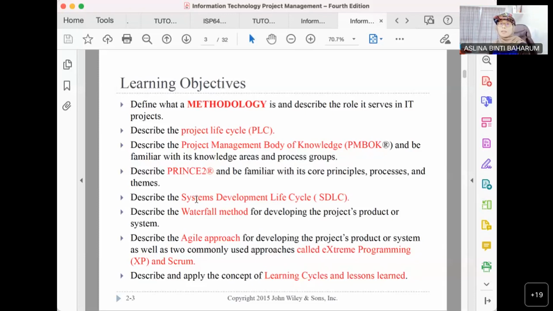PMBOK and PRINCE2 are more on organizations, because later on you might need to apply them in your FYP, right? But for the group project, you can use PMBOK and also PRINCE2 because you will team up as a group, so it is called a project.